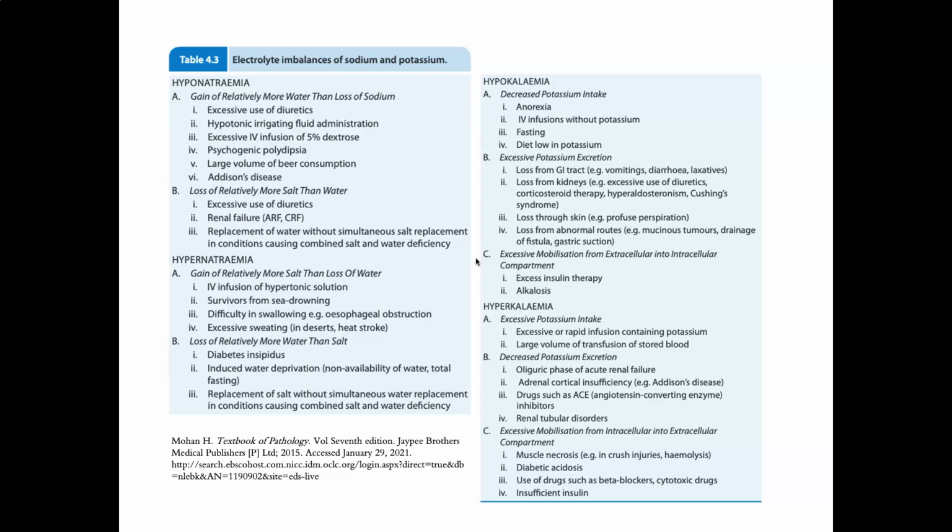And this, I personally think this is a really great table because it tells you what causes those. So for instance, if someone's got more water than loss of sodium when they've got hyponatremia, it's either due to excessive use of diuretics, hypotonic irrigating fluid administration, excessive IV infusion of 5% dextrose, psychogenic polydipsia, large volume of beer consumption, or Addison's disease.